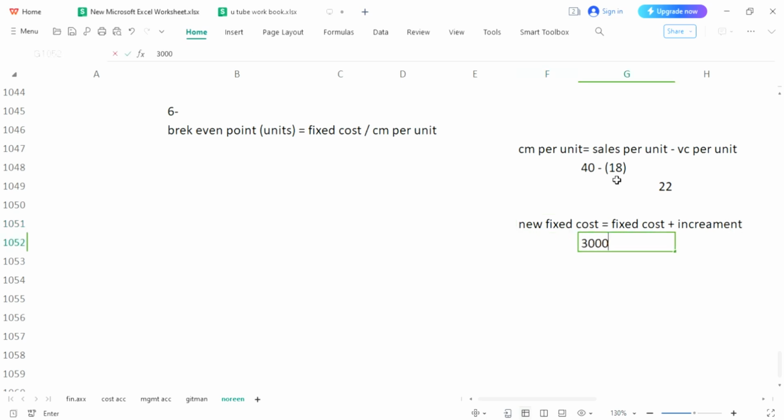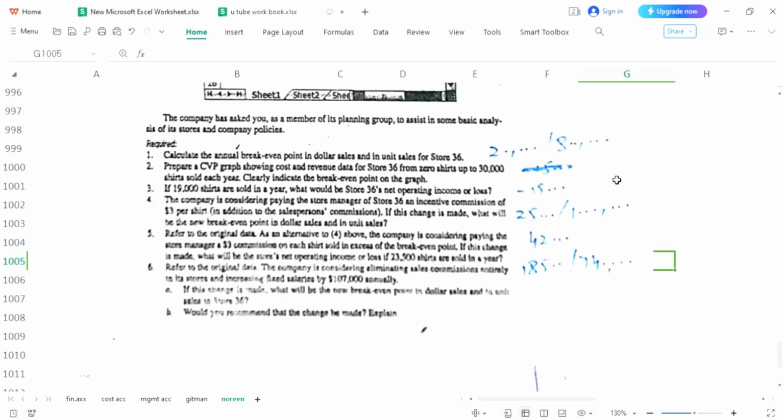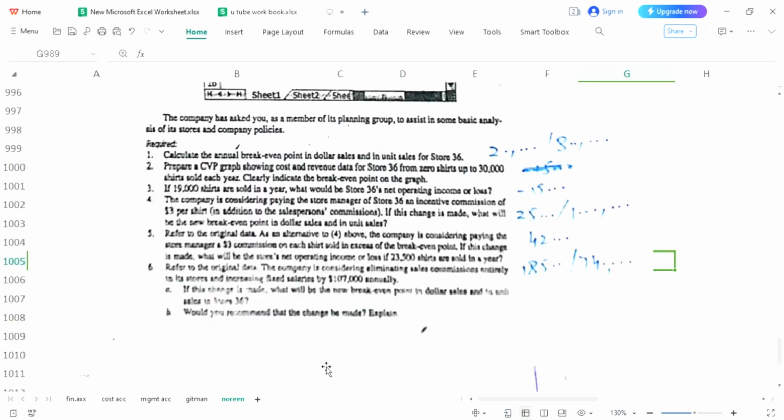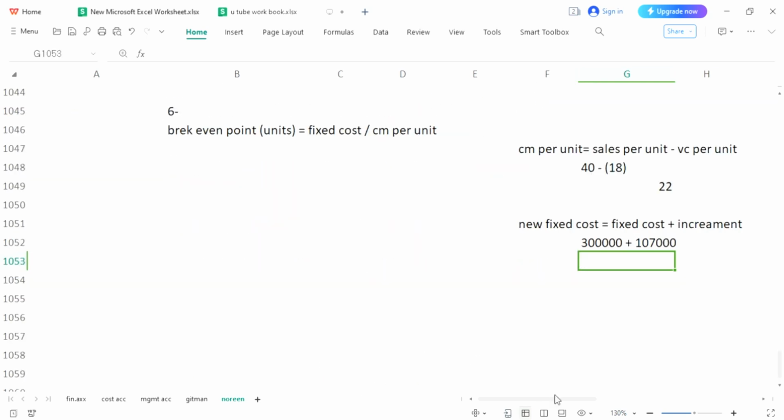3 lakh was the old fixed cost, then you need to add the increment, which is 107,000. It has been instructed in the question. You can see an increase in fixed salaries by 107,000. Original expenses were 3 lakh and the increase is 107,000.